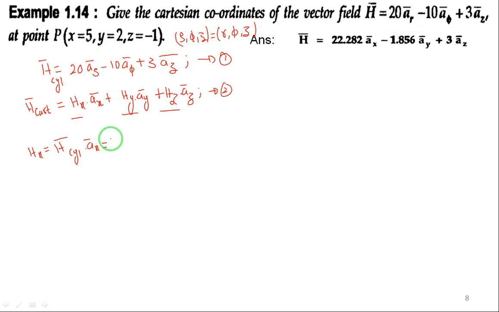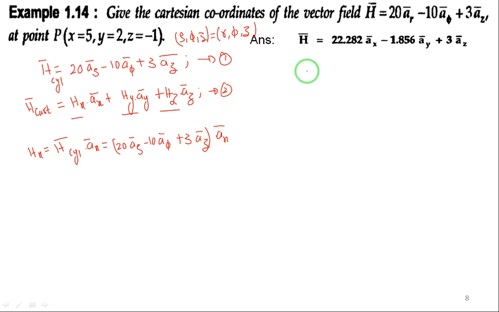H cylindrical, I'll write whatever they have given: 20 a rho minus 10 a phi plus 3 az, into ax. Once again I require the previous table.